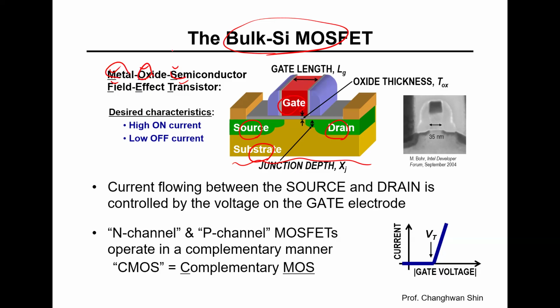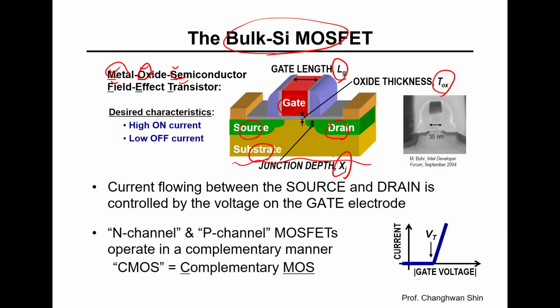The key dimensions that define its performance are the gate length, L sub G, oxide thickness, T sub ox, and junction depth, X sub J. As these physical dimensions scale down, transistors become faster and more energy efficient, similar to how reducing the size of an engine while maintaining its power makes a car more efficient.